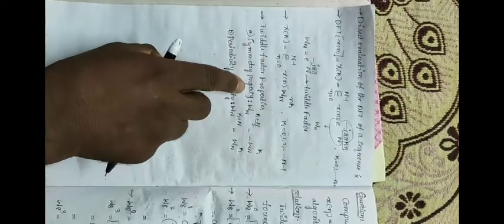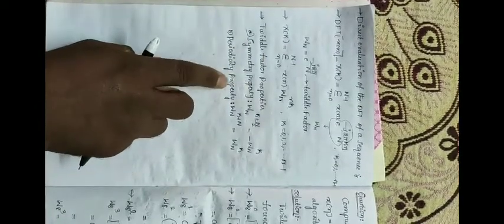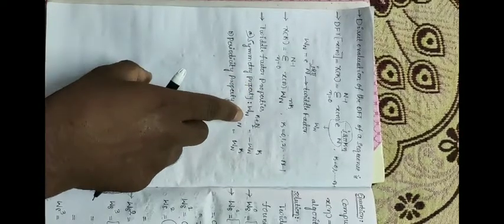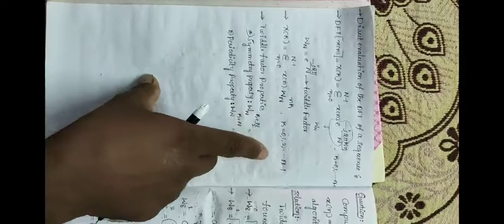The twiddle factor has two basic properties. The first is the symmetry property, and the second is the periodicity property. Let's go for the symmetry property: omega N to the power of k plus N by 2 is equal to minus omega N to the power of k. This is the symmetry property of the twiddle factor.